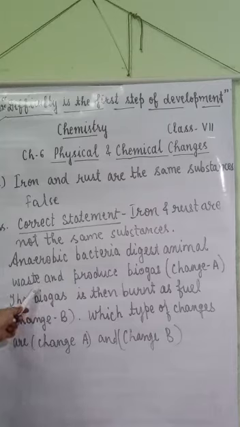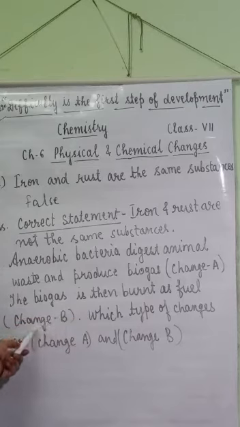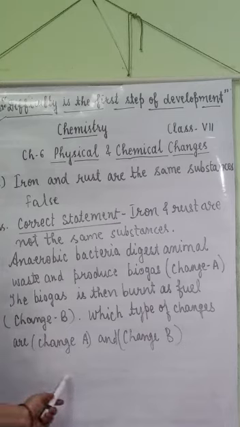So new substances are formed, so it is a chemical change. And when biogas is burnt as a fuel, it is also a chemical change, new substances are formed. So change B is also a chemical change. In this way change A and change B are both chemical changes.